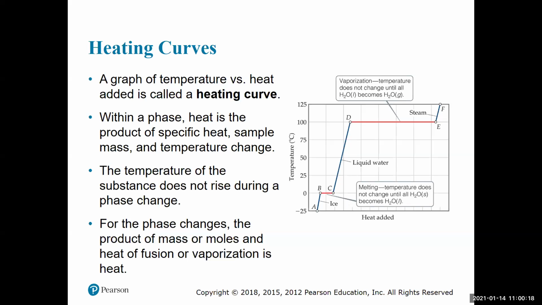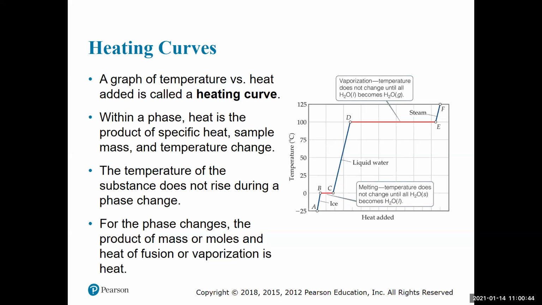As you go, you add heat, add heat, add heat. Eventually, at point E, we've added all the heat to convert everything into the vapor phase. And then as we add more energy, we start to see the temperature go up again. That E to F is all vapor phase.